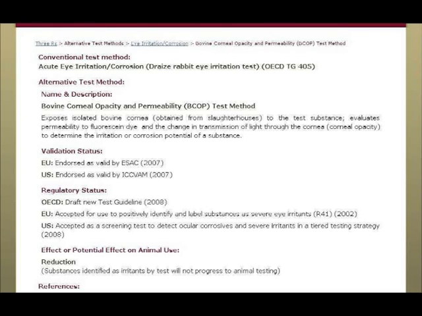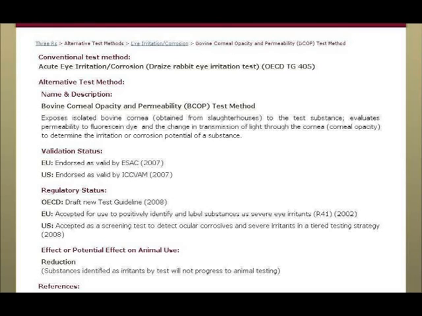Evaluates permeability to fluorescent dye and the change in transmission of light through the cornea, corneal opacity, to determine the irritation or corrosion potential of a test substance. We've already talked about the validation and the regulatory status, so I won't go over that again, but obviously there is a problem here for vegans and vegetarians because there aren't going to be any eyes from the slaughterhouses.